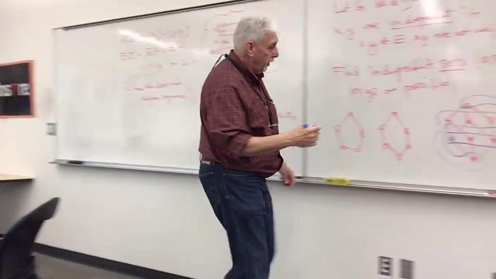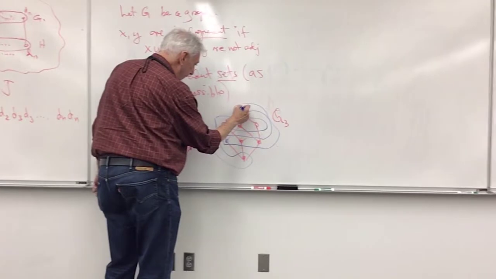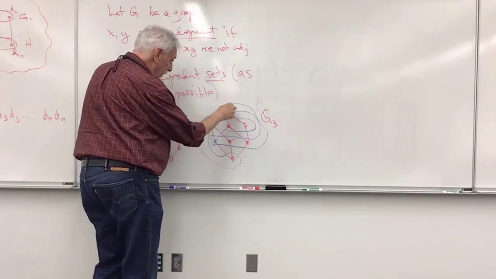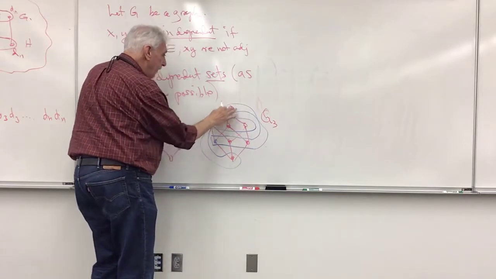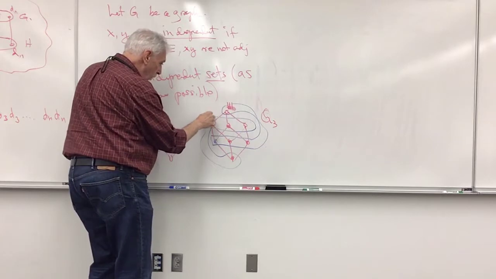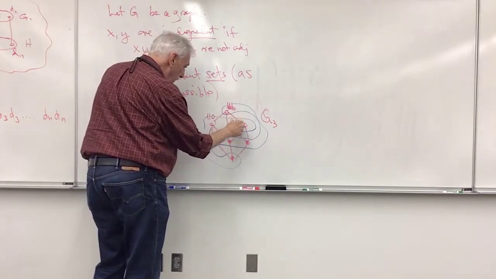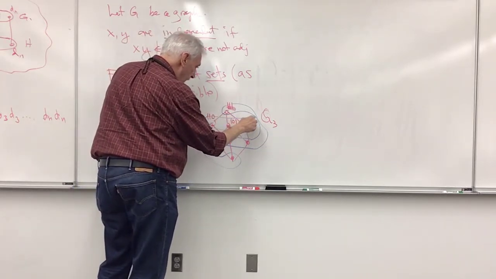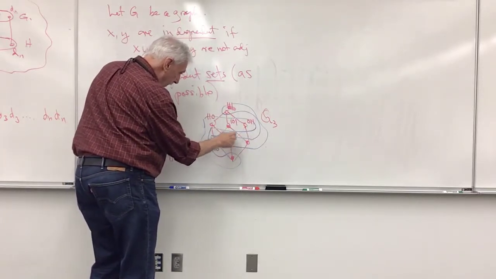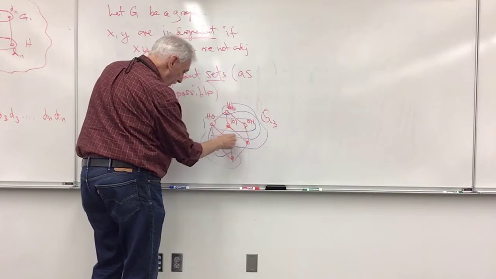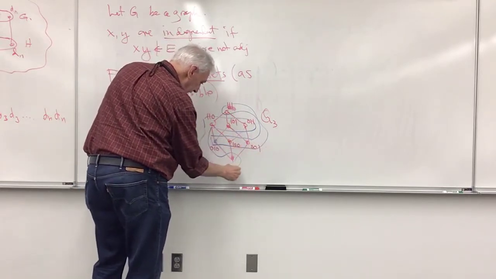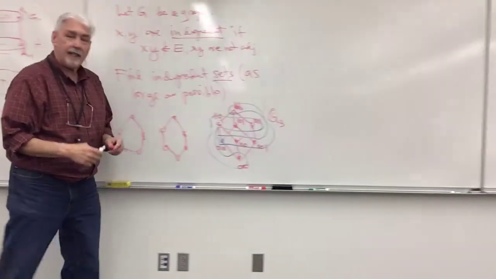Okay, I've got to label these. Let's be grown up about it: 111, 110, 101, 011, 010, 100, 001, and 000. So let's label the points like that.